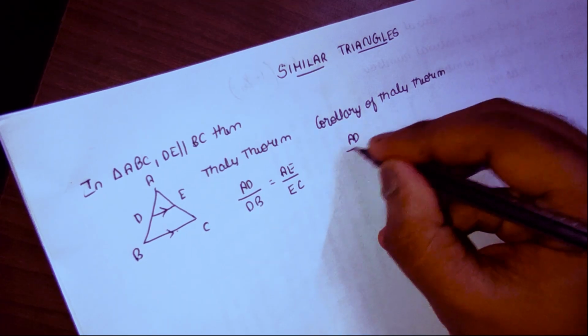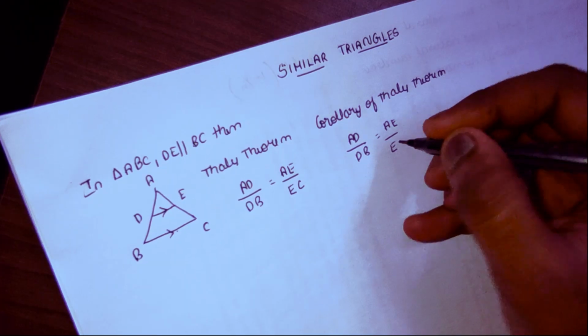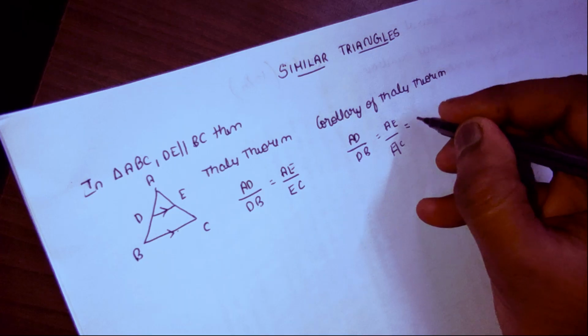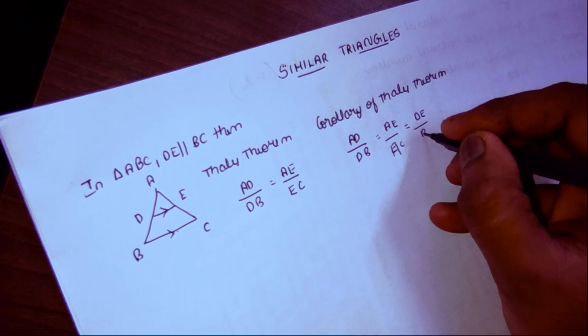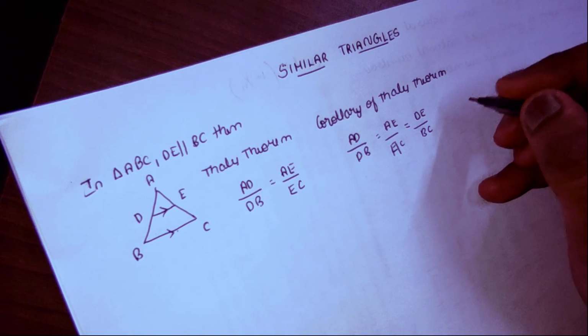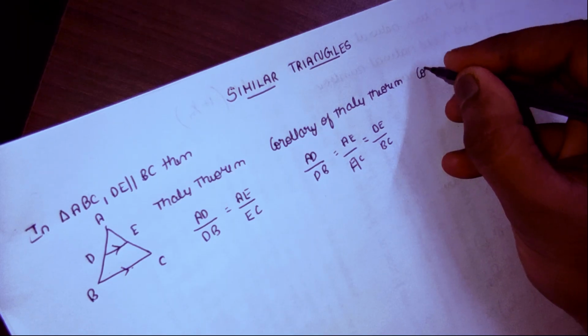AD by DB is equal to AE by EC, AE by AC, that is equal to DE by BC. This can be written in one more way, same corollary of Thales theorem.